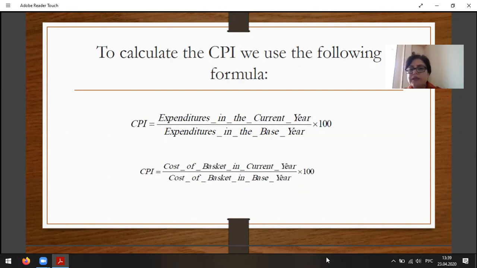Look, you can see the different approaches, but the meaning of this formula is the same. Expenditures in current year is the same as the cost of market basket in current year. Expenditures in base year means the same as the cost of market basket in the base year.